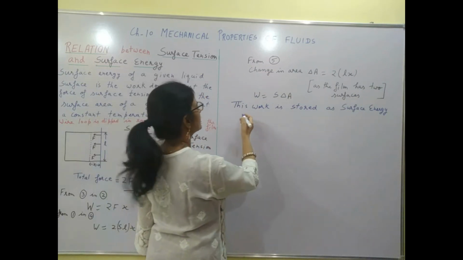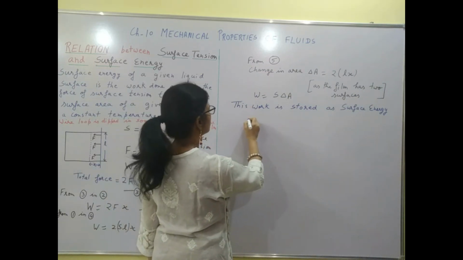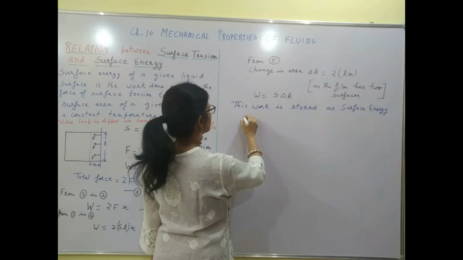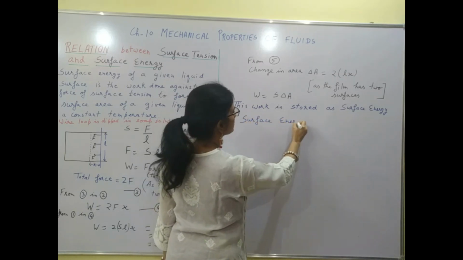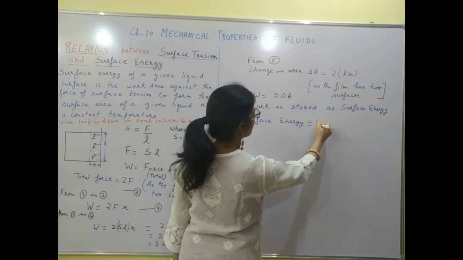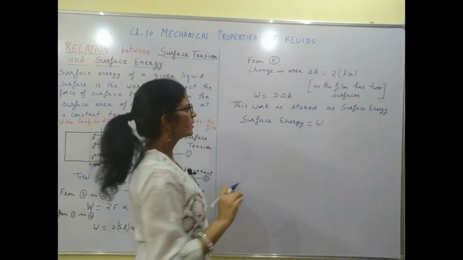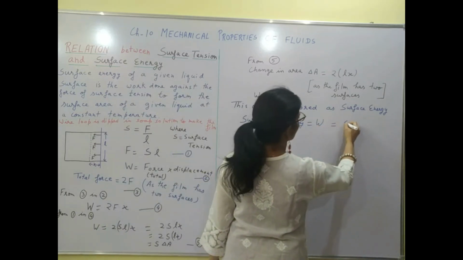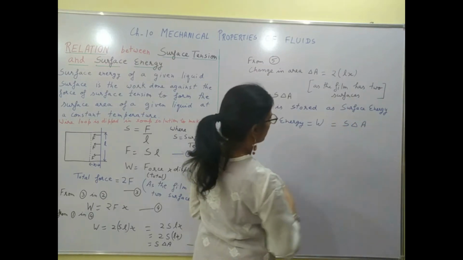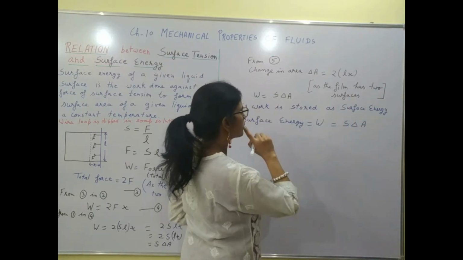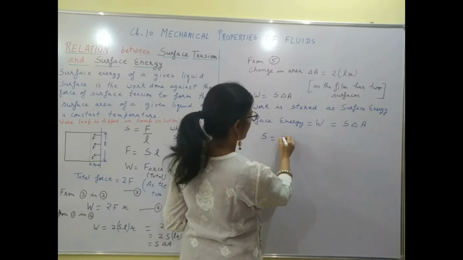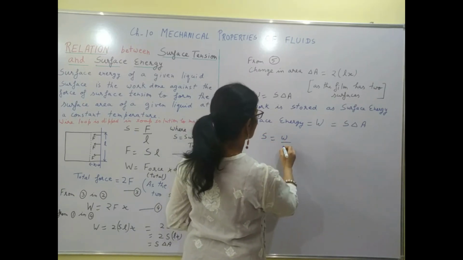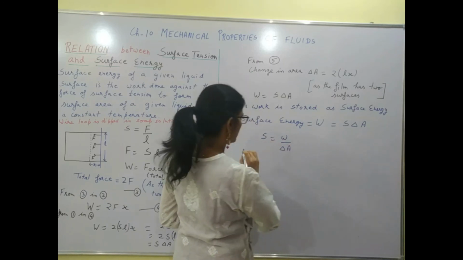So I can write that surface energy is equal to W, right, is equal to S delta A. So we can write that surface tension is equal to work done per unit area.